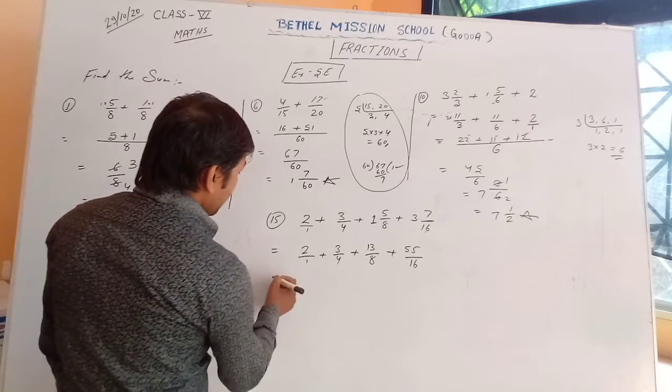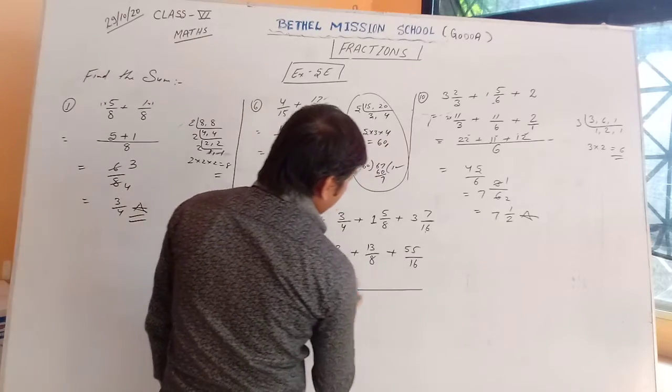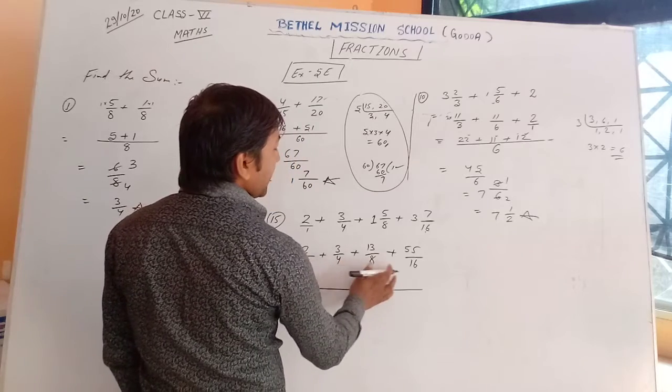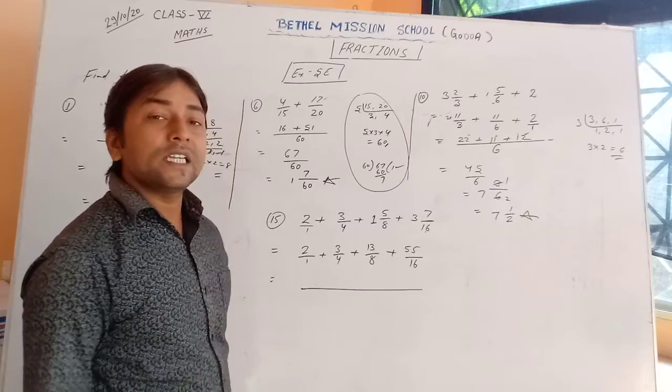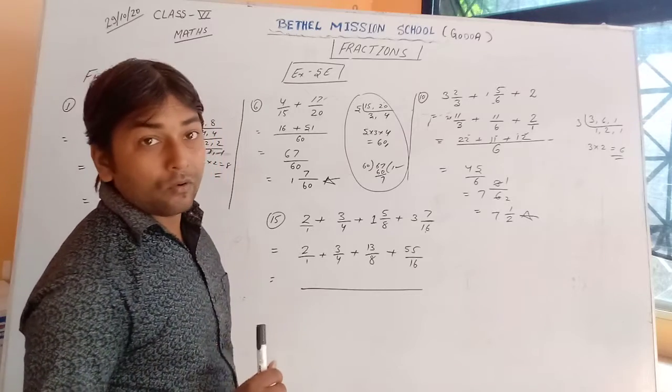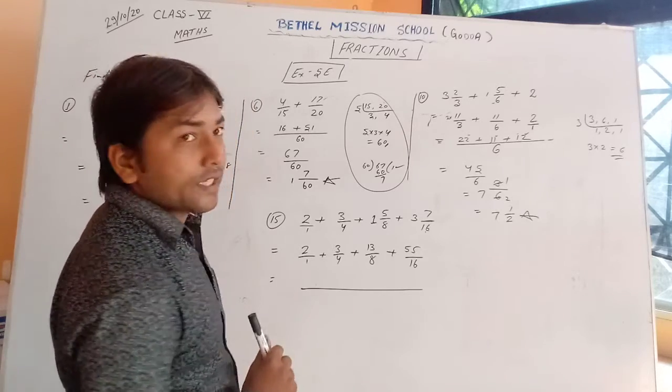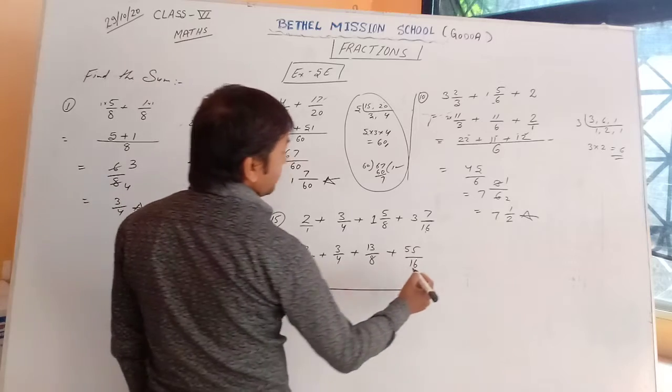Okay, now take the LCM of 4, 8 and 16. The LCM would be 16. How? The rule says read the table of 16.